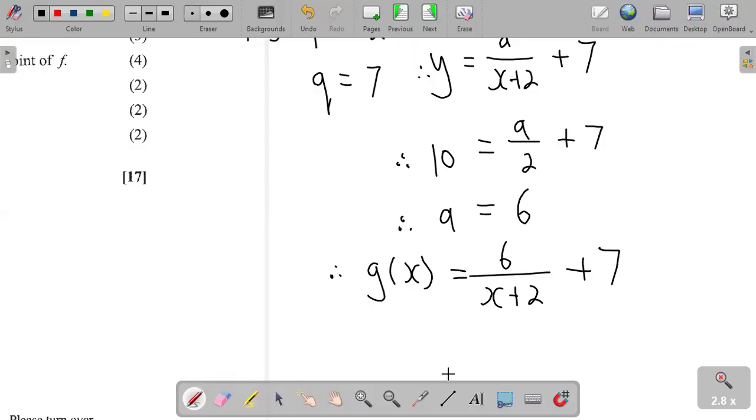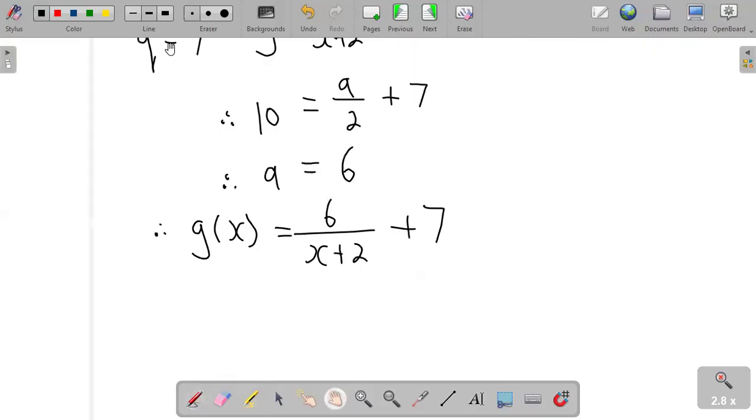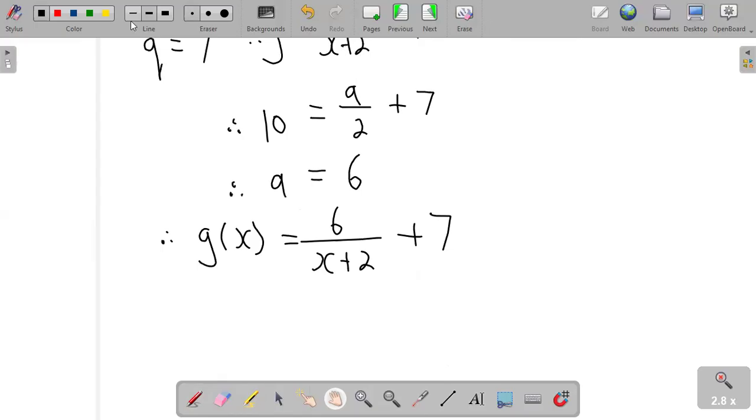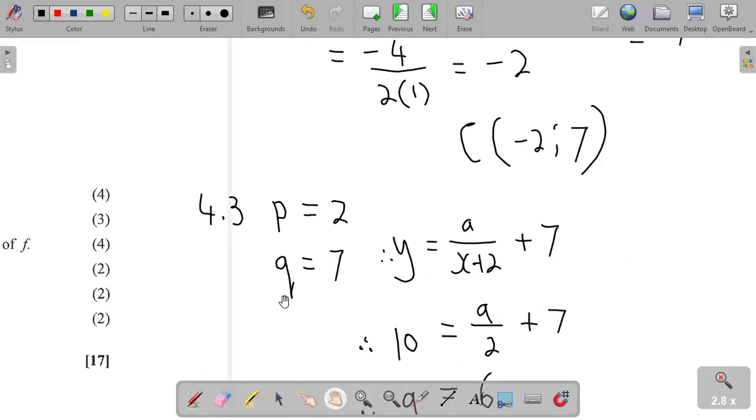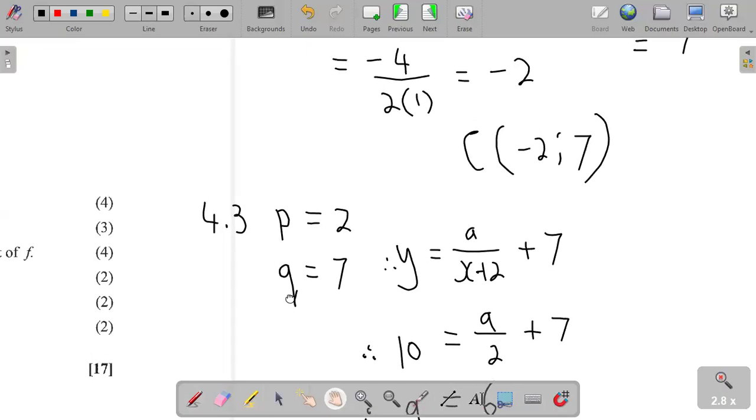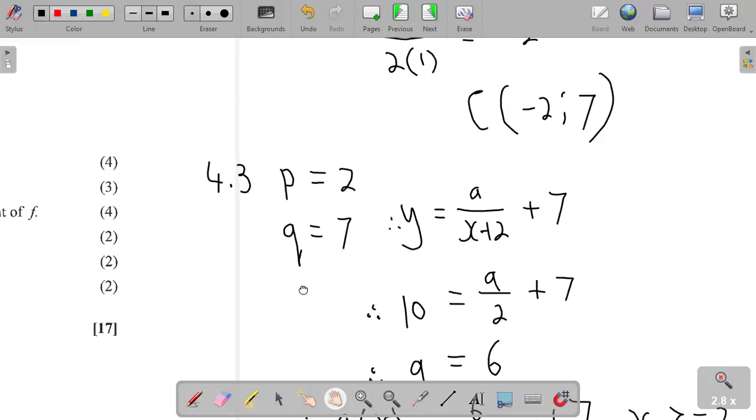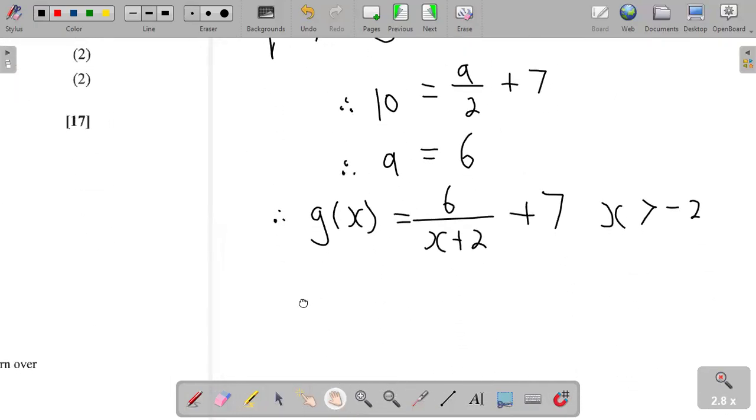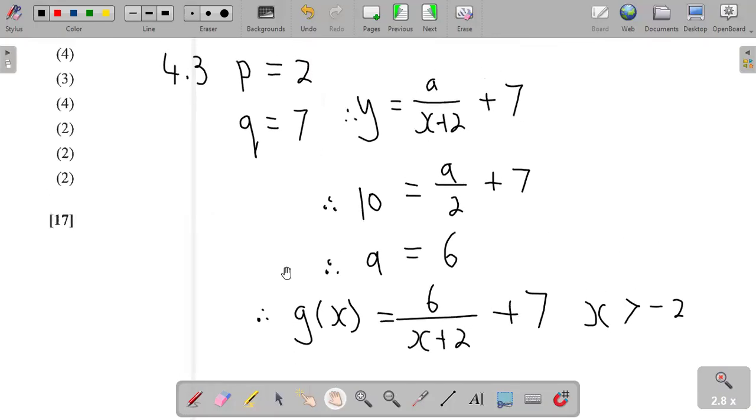And then just a useful constraint here is going to be, because they told us that x is greater than p, so let's say x greater than -2. Because isn't it? That's what they told us. So this is the equation.